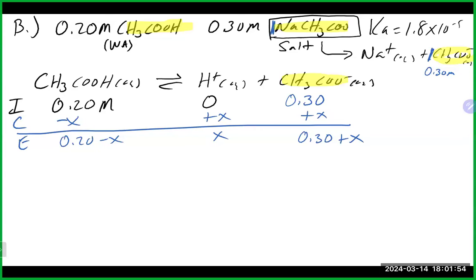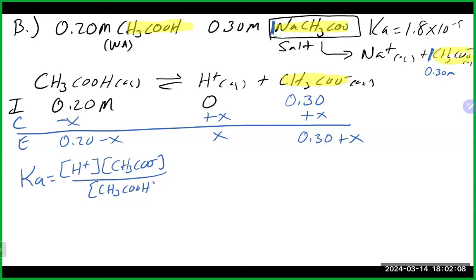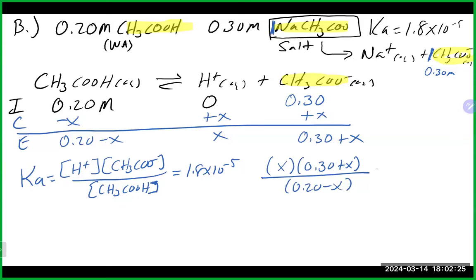Just like normal, we're going to go into our Ka expression, since this is the only thing setting up an equilibrium in this sort of mixture. And it's still going to equal the same Ka value that we had for acetic acid, because once again, that is the only thing in the setup there. So we're going to have here essentially X times 0.3 plus X divided by 0.2 minus X. And again, that's going to equal our 1.8 times 10 to the minus 5.